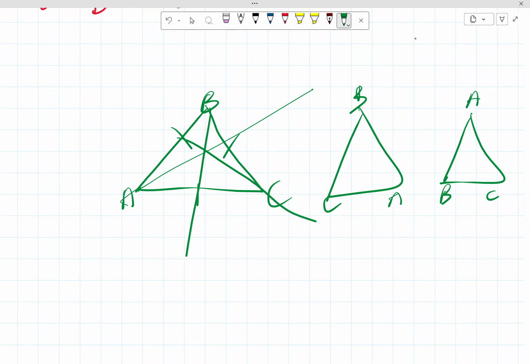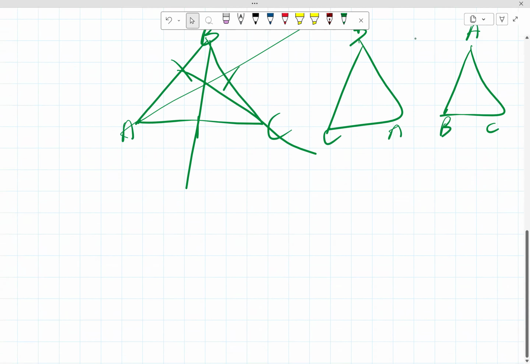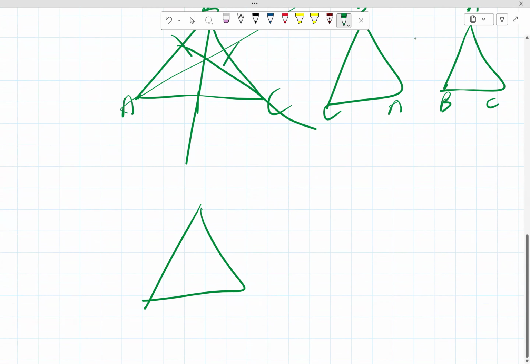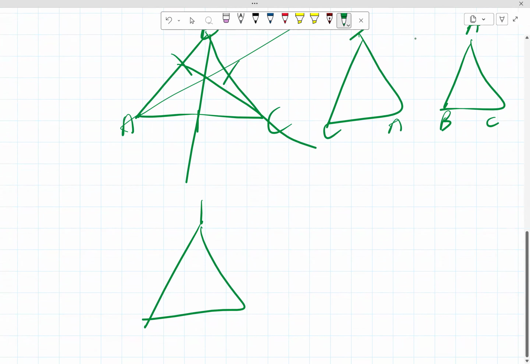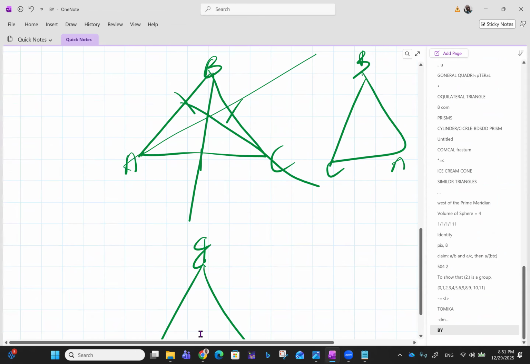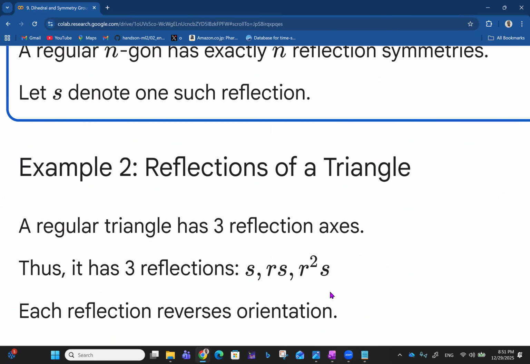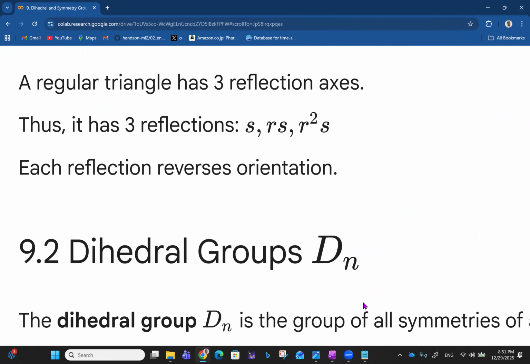Then flipping this about the axis, I may end up with something like this. For this first one, I may now have B, and this is A, and this is C. That's the idea of reflection, and we have three possible reflections in that case. Each reflection reverses orientation, like we said.